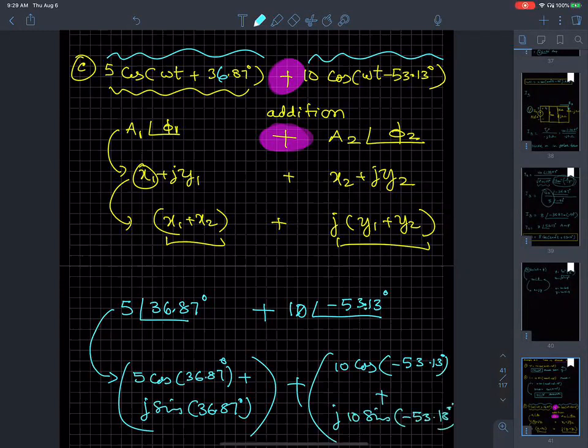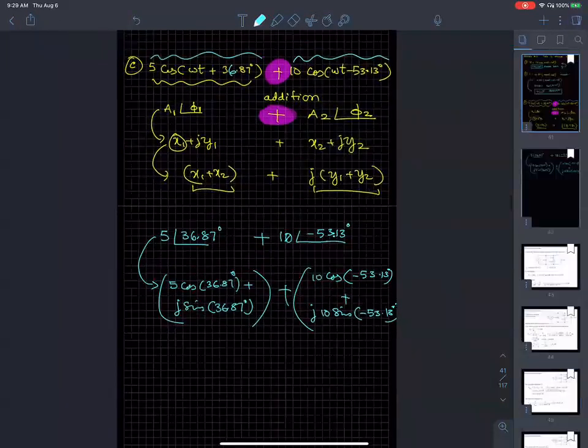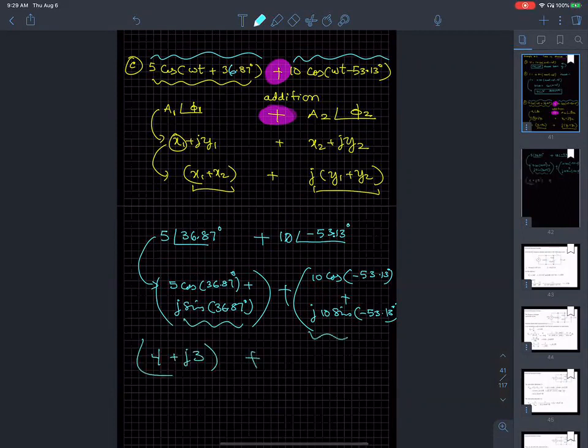So this guy is going to come out to be 4 plus j3, plus this guy is going to come out to be 6 minus j8.